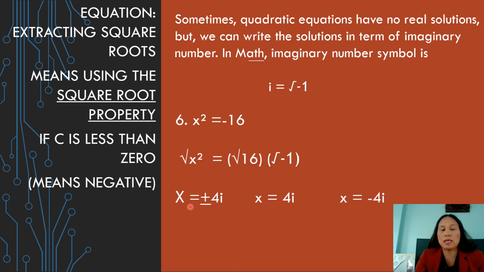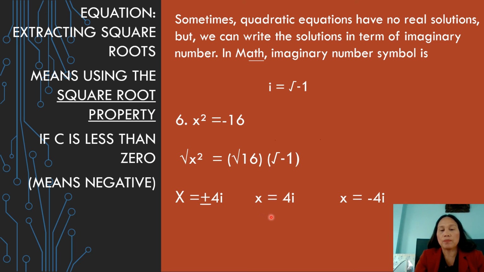So x is equal to positive and negative 4 times square root of negative 1. But that square root of negative 1 is equivalent to i, so i should be placed here instead of writing times the square root of negative 1.